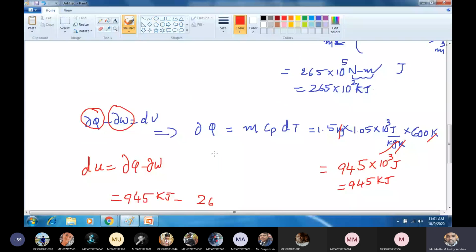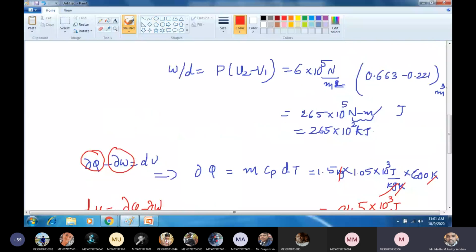Is it 265.2? I think this is 2.65 into 10 power 5. Please check this value once again.